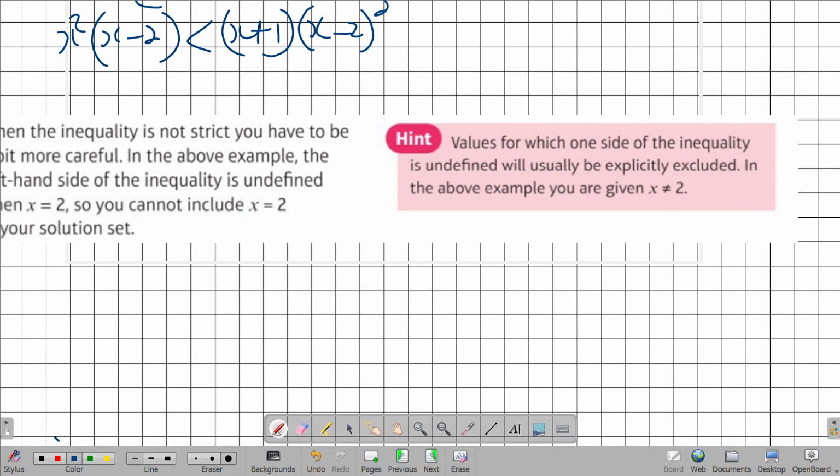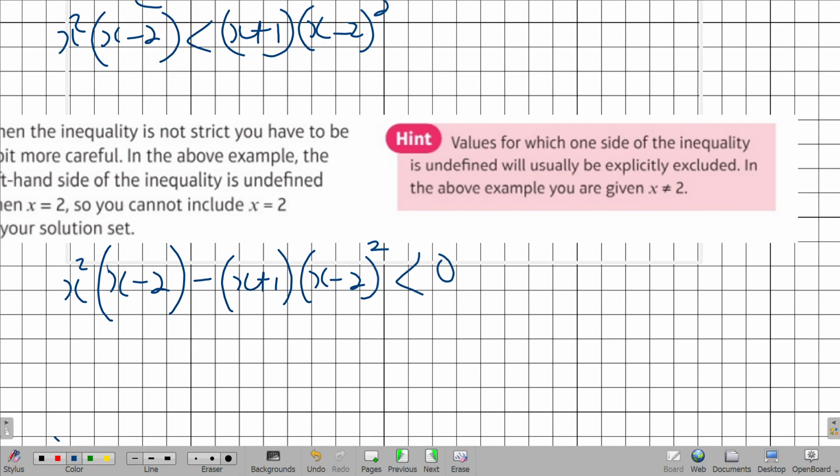So what we're going to get here is x squared, x minus 2, minus x plus 1, x minus 2 squared, is less than 0. I don't really need to expand, because like I said, I always say it in many of my lectures, mathematicians should be lazy people.